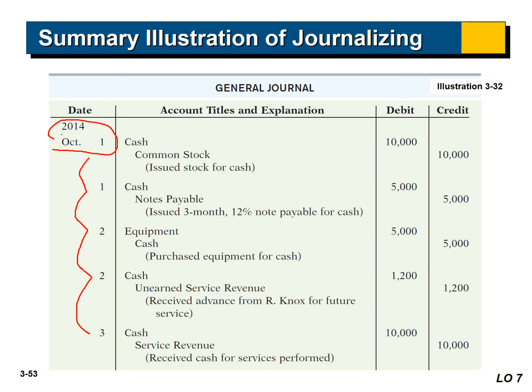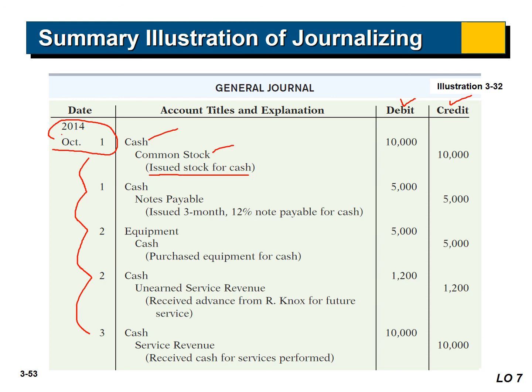And then we have account titles. What are the names of the accounts? They are listed here. Sometimes, not always, we put in parentheses the explanation, what happened. It's a good idea to do that. And then we have the debit and credit columns. So that's what the journal looks like.